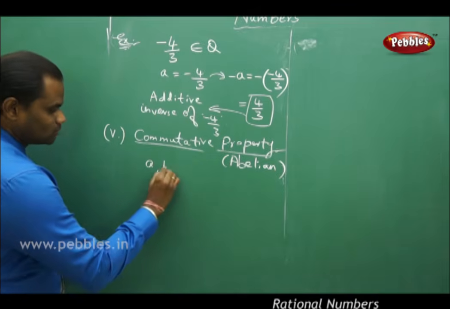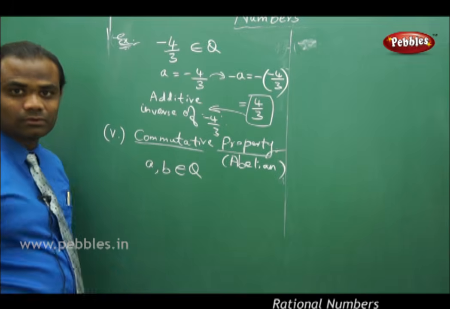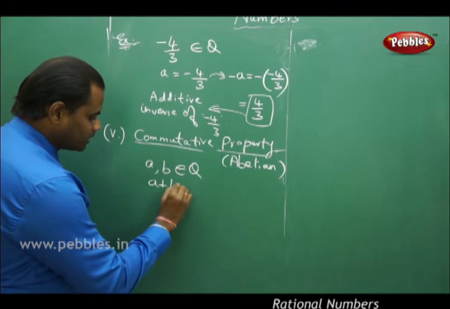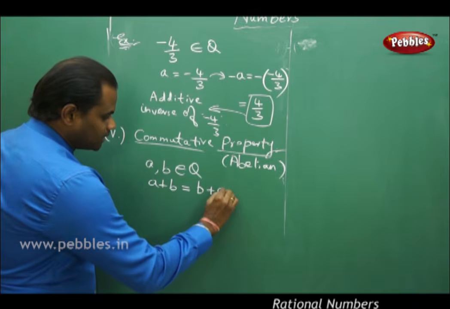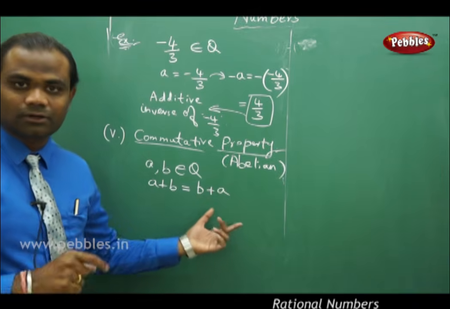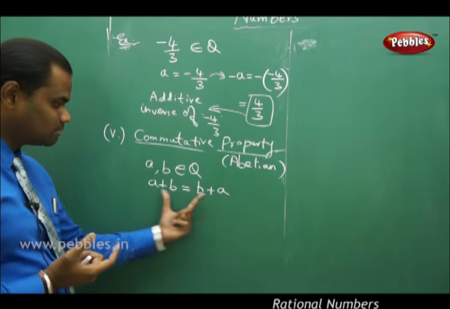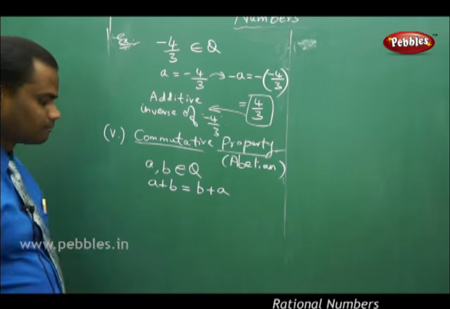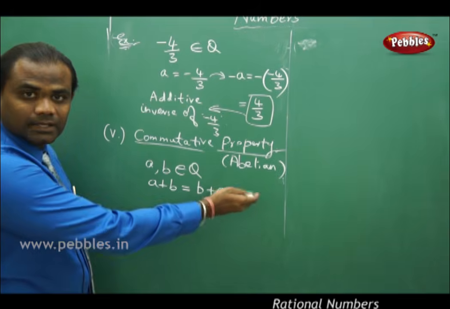Suppose I take two elements A and B belonging to Q. Then the commutative property says that the sum of A and B is nothing but the sum of B and A. It doesn't matter whether the order is changed in addition, it gives back the same value. That is what is called the commutative property. So A plus B will be equal to B plus A.